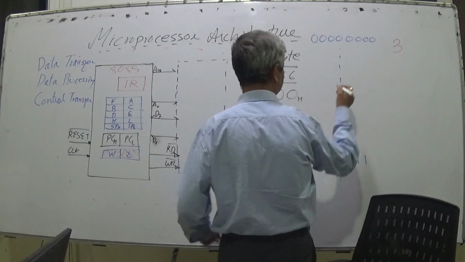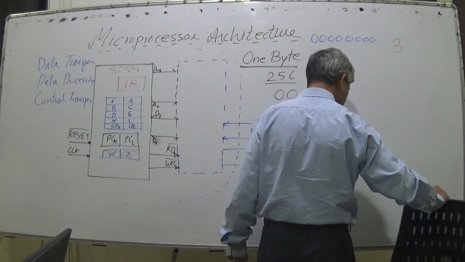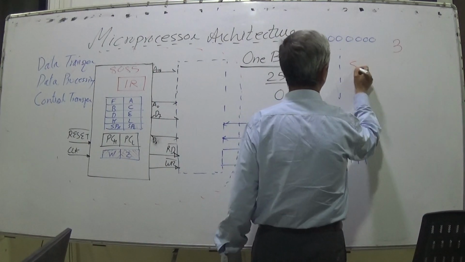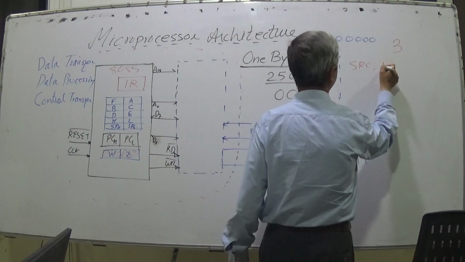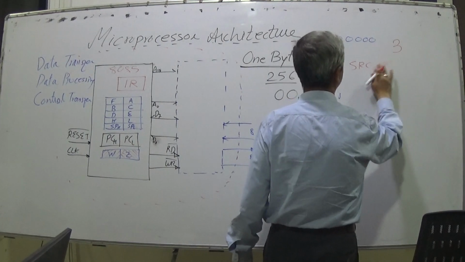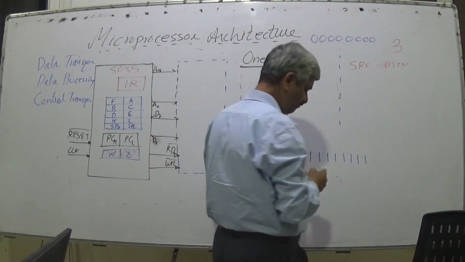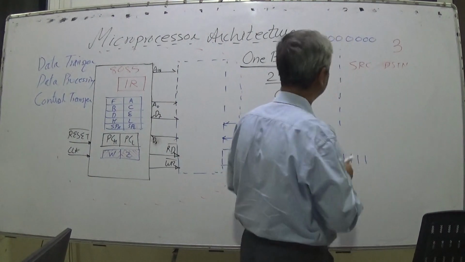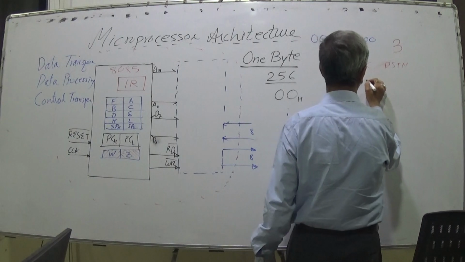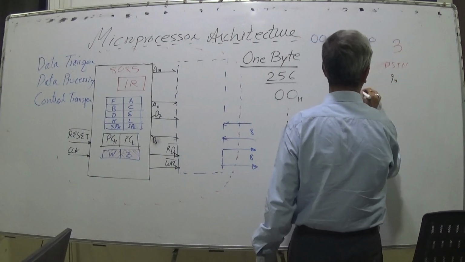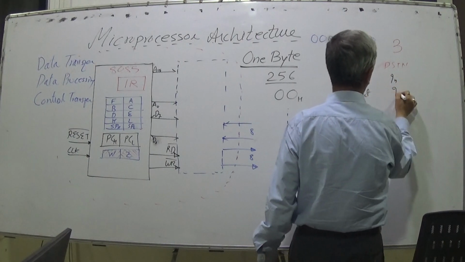Data transfer instructions contain a source and destination: both inside, or one outside and one inside.